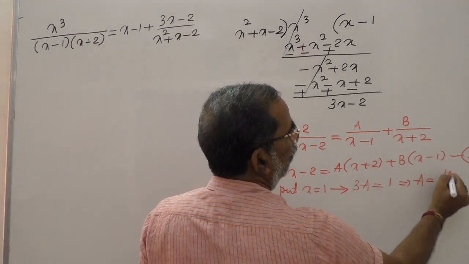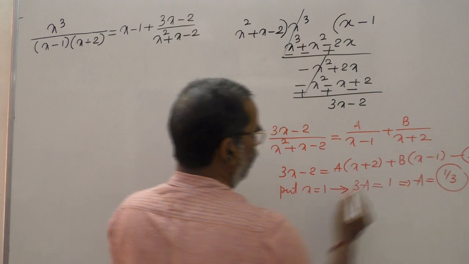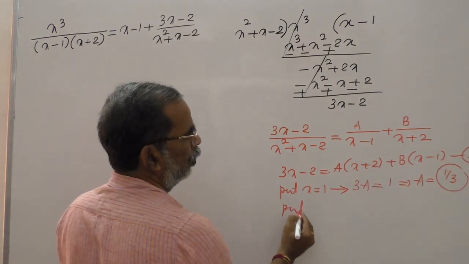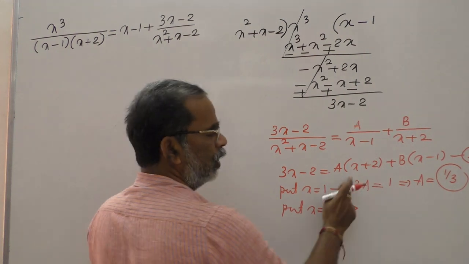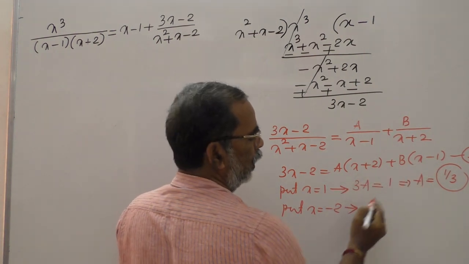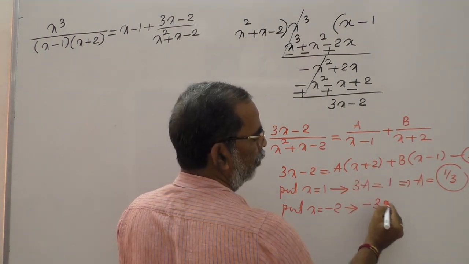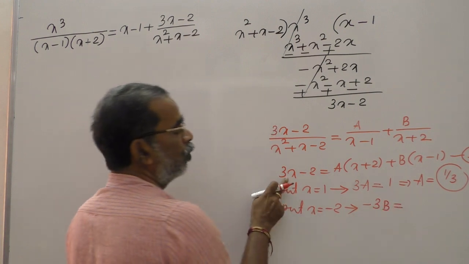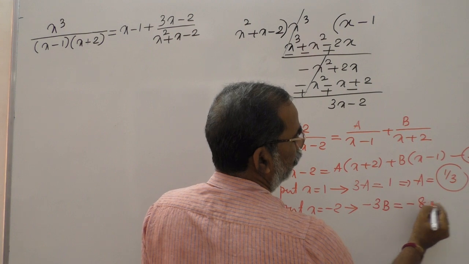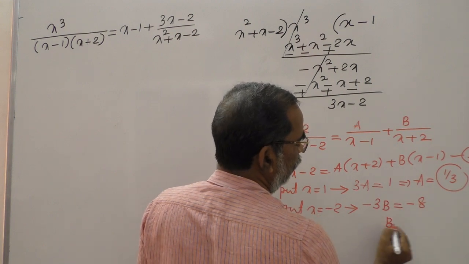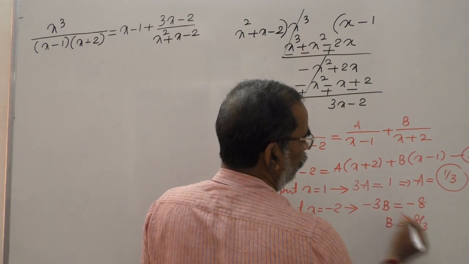Therefore A equals 1 by 3. Next, put another value, x equal to minus 2. This term will be 0, and we get minus 3B. On the other side, minus 6 minus 2 is minus 8. Therefore B is equal to 8 by 3.